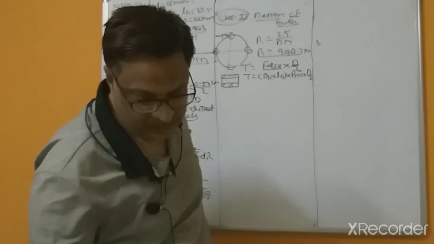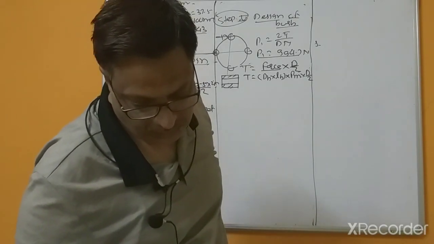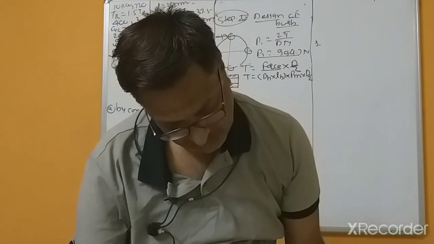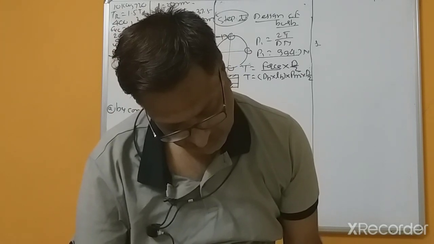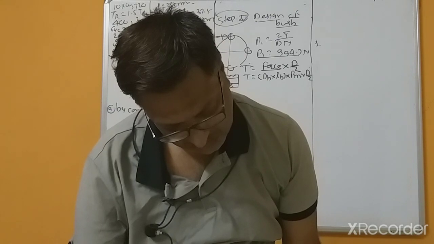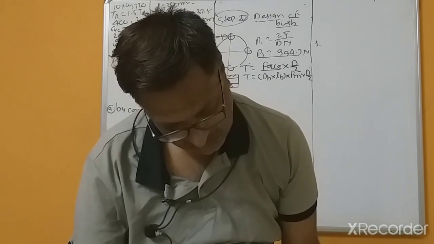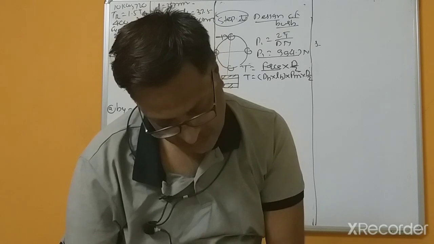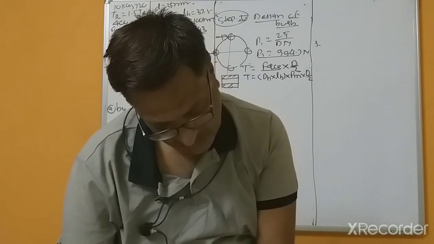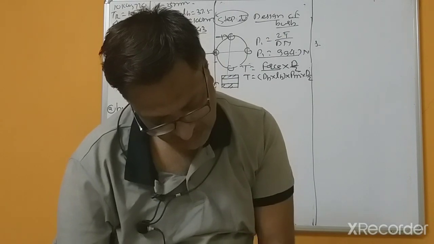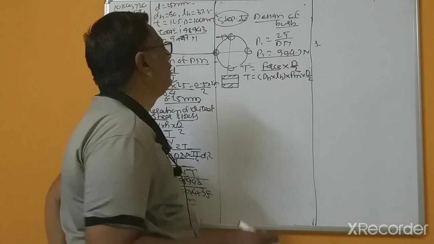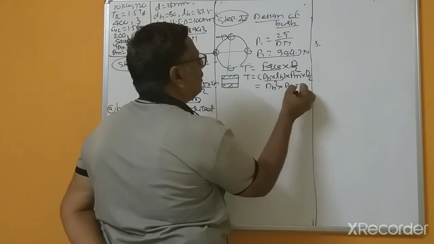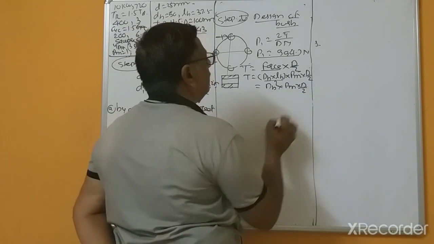Any term we are missing? I will check this formula. This is dB squares d by 2.